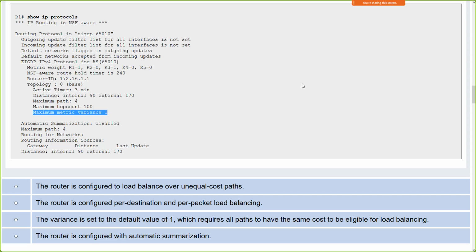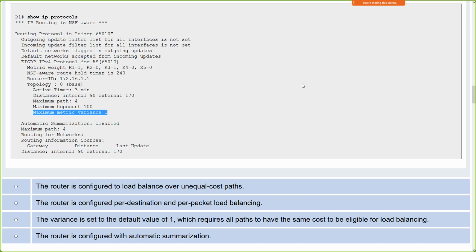Load balancing would be allowed because we do have a maximum paths of 4. So as long as the paths are equal cost, that would be true. If we had multiple paths, we should be able to load balance. The variance is set to the default value of 1, which requires all the paths to have the same cost to be eligible for load balancing, and that's absolutely true.